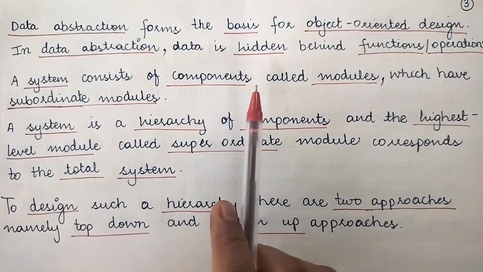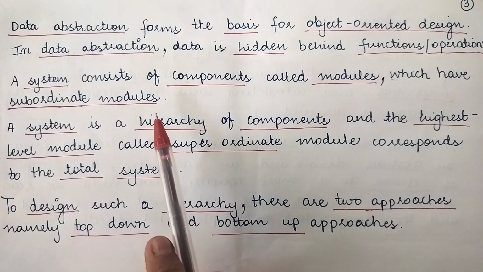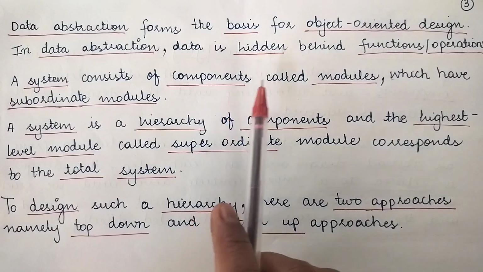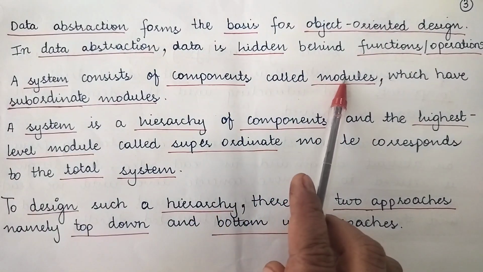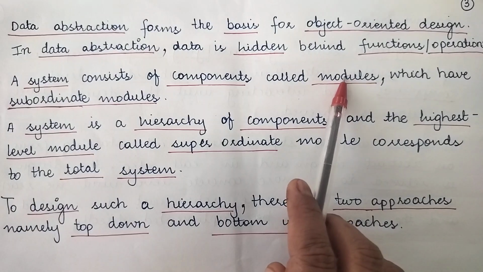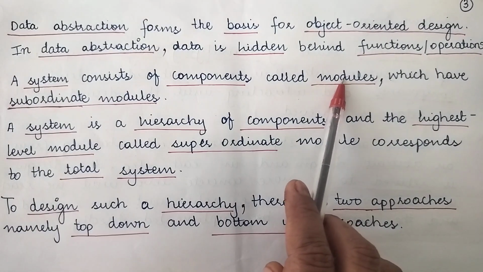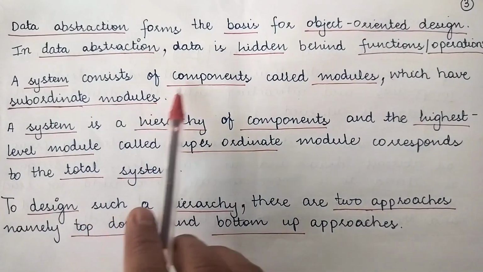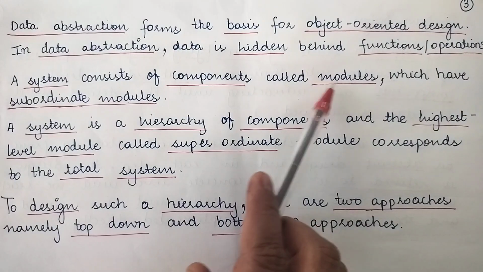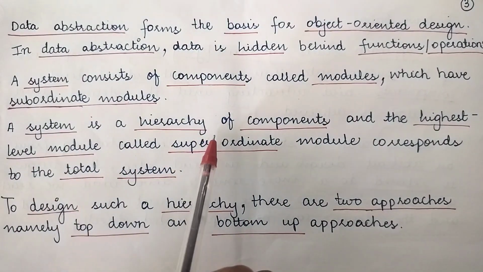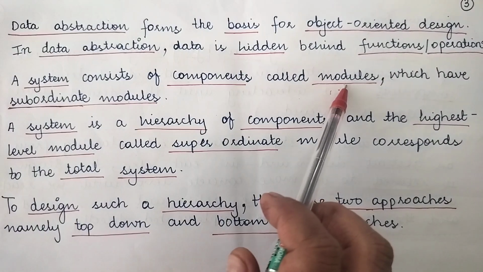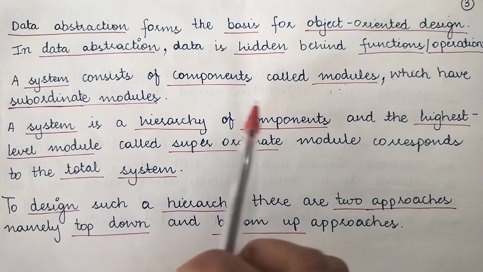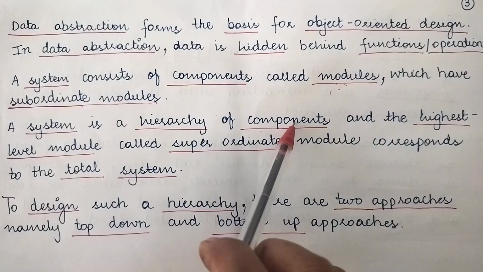A system consists of components called modules, which have subordinate modules. Now, if there is a module and we divide it into smaller modules, those smaller modules extracted from the bigger module are known as the subordinate modules of the main or bigger module. A system is a hierarchy of components, and thus when we divide a module into smaller modules, we get a hierarchy of modules or components.